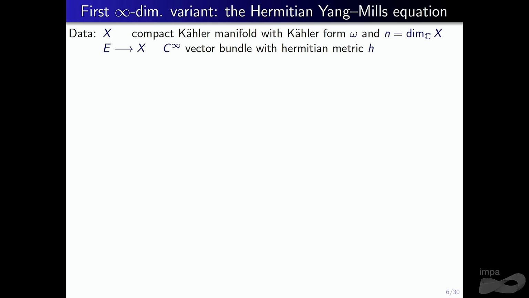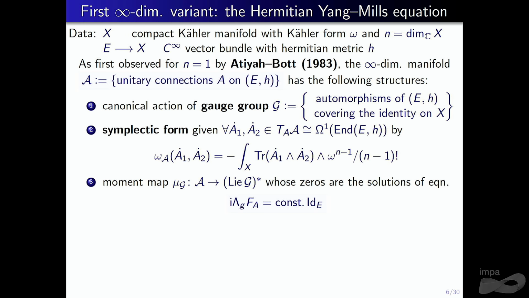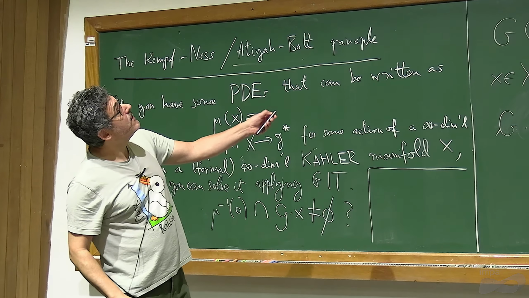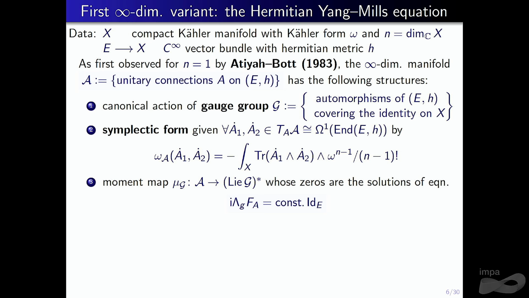And then Atiyah and Bott observed this first for surfaces, but it was later applied by Donaldson in higher dimensions. Actually, he proved a theorem of Narasimhan and Seshadri with n equals 1. That's his first paper. So following that, in this case, the X here is actually A, the unitary connections.